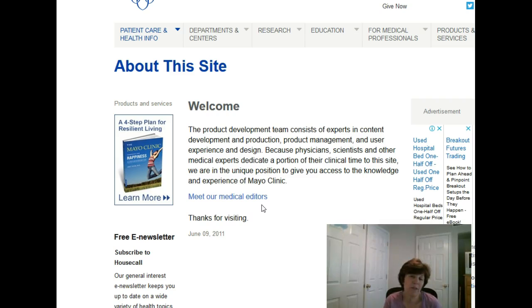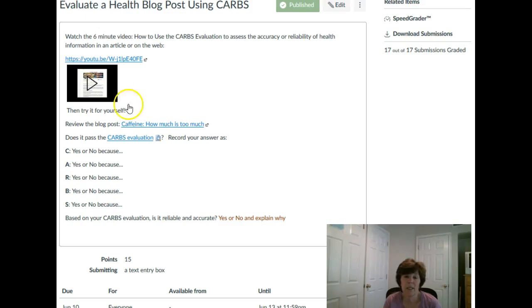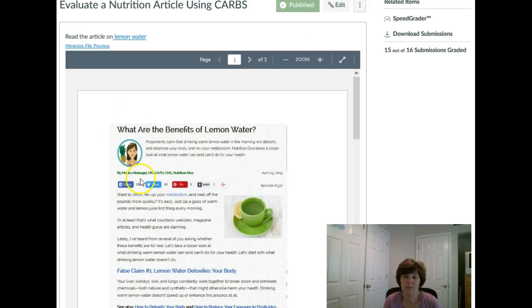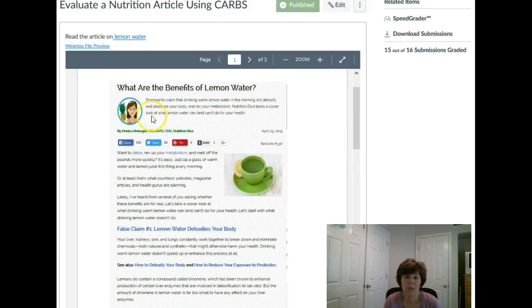But sometimes you have to look further for that. If you're not sure what the credentials are, for instance, I believe we looked at the next week the benefits of lemon water. If you're not sure about the person's credentials, what's an LDN, just copy and paste that person's name and credentials and Google it and see what you come up with.